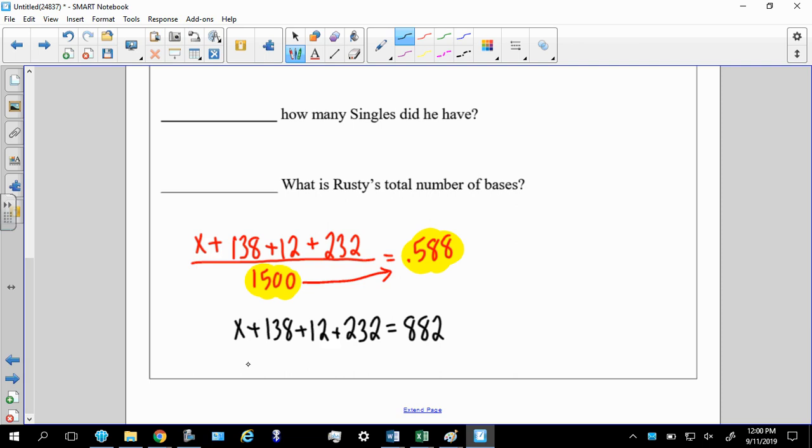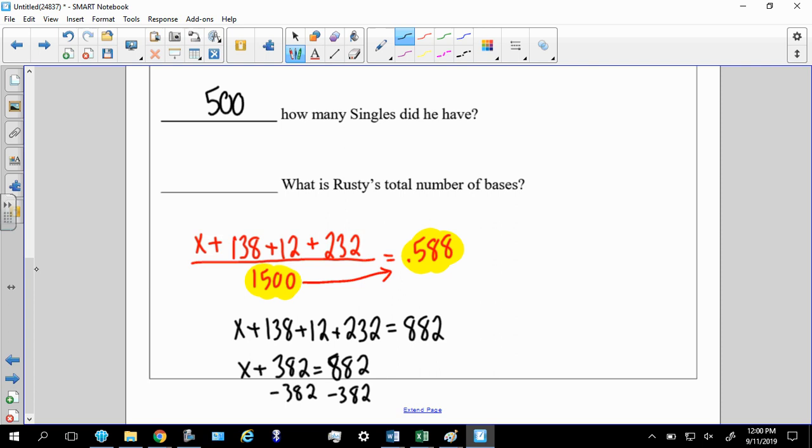When I combine like terms, I think it ends up being 382. We're going to run with it. Subtract 382 from 882. X ends up being 500.